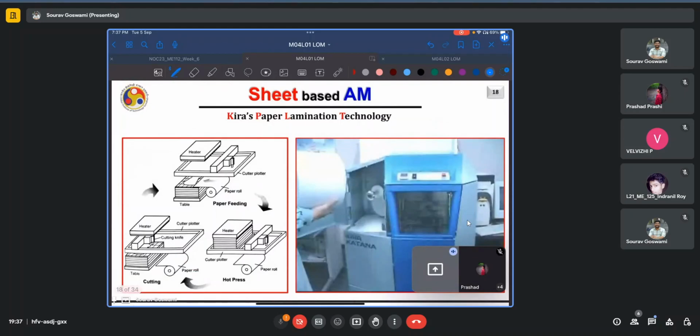Here we have a schematic representation of Kira's paper lamination technology. We see that the cutter plotter consists of a mechanical knife, this heated plate and this single paper roll. So in this case, we have only one. This is the table. These might be some of the buffer layers, and these might be our pre-deposited layers.